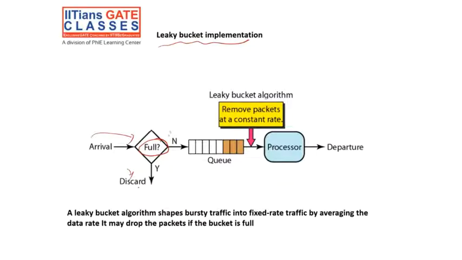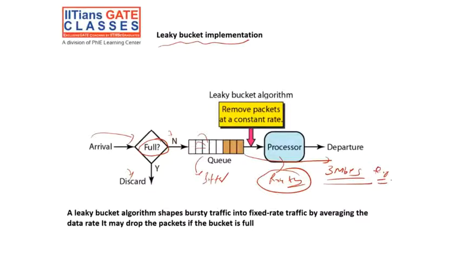If some space is there in the queue, meaning in the buffer, then we can put our packet there and store it. From the queue, the processor on the router, because we need to do processing by looking at the routing table and so on, checks the queue, and the output is always at a constant rate, which is 3 Mbps, for example.